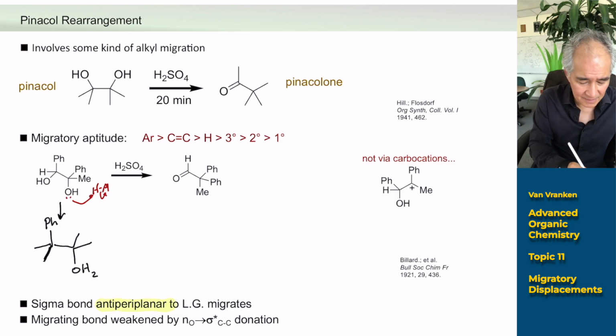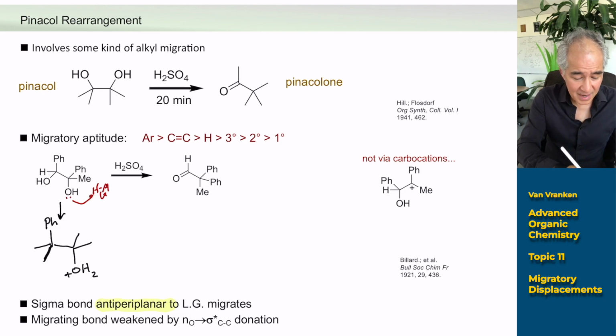So I've got this water leaving group, but this bond here, this phenyl carbon bond, is not nucleophilic enough to push out that leaving group. It's still not nucleophilic enough. And that's why this other oxygen atom is critical. This other oxygen atom has lone pairs. And those lone pairs can be anti to this phenyl carbon bond, and they can help break that bond.